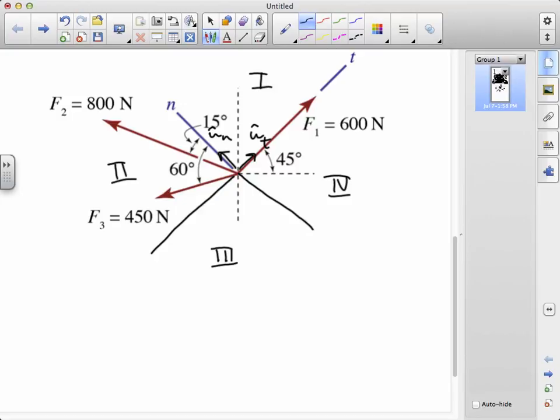Force F2 is in the second quadrant, so it will have a negative tangent component and a positive normal component. Force F3 is also in the second quadrant, so its component signs are the same as those of F2. F1 is simply 600 newtons in the tangent direction.